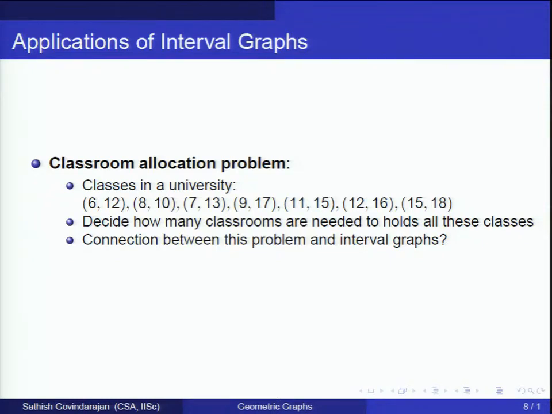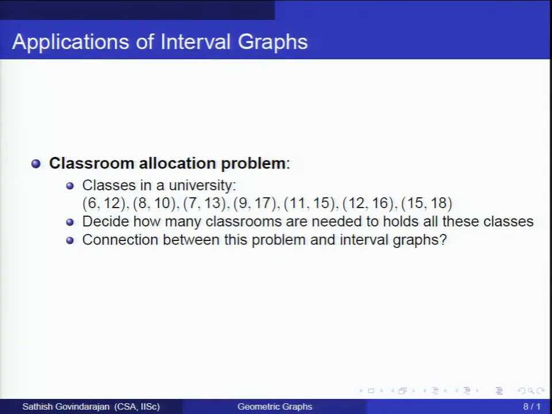Yes. I don't think that will correspond to the minimum number of classrooms. So think about it. The complement could be a very dense graph, and the components don't really have to correspond to the number of classrooms. So let's come back and think of it as coloring the graph.